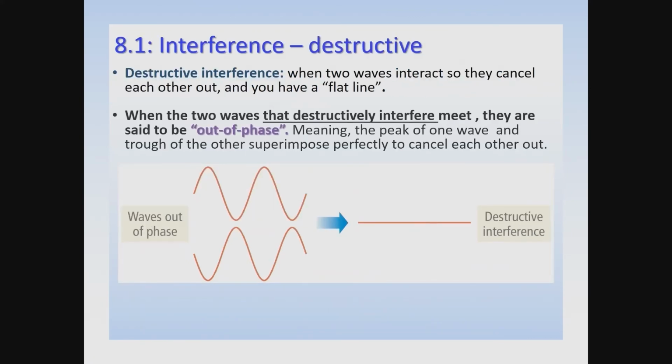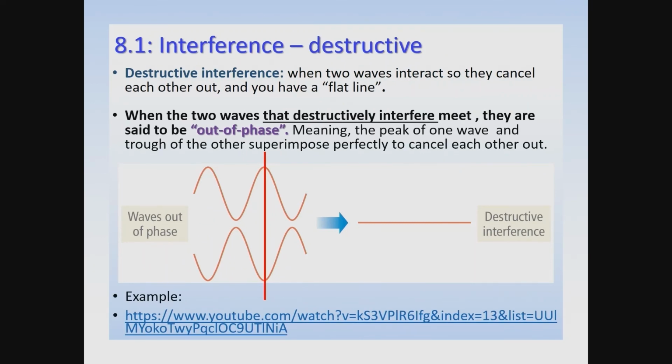Now the other thing that you should know is that it could be that when you have waves that meet in space, it may not be that the crest of a wave meets exactly with the crest of another wave. Instead, the crest of one wave may meet with a trough of another wave. So when that happens, when you don't have crests meet in phase, if you have a crest of a wave meet, say, with a trough of another wave, then you would say that those two waves are meeting out of phase.